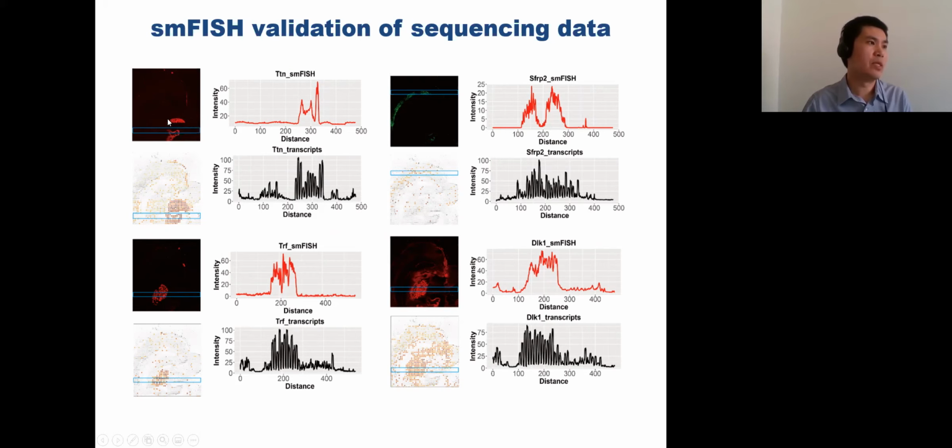I think they show similar locations and patterns. This one for TRF also shows very well. Basically, we tested 4 different genes with smFISH to show the transcripts overlay pretty well with our technology.